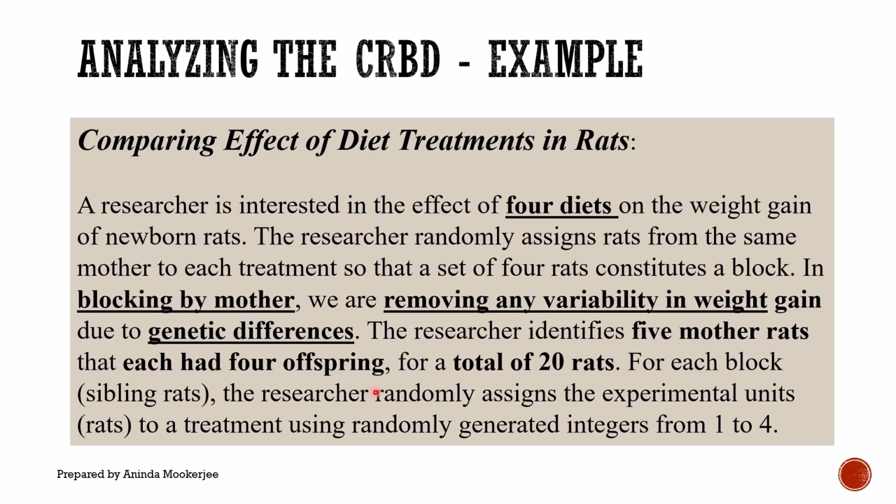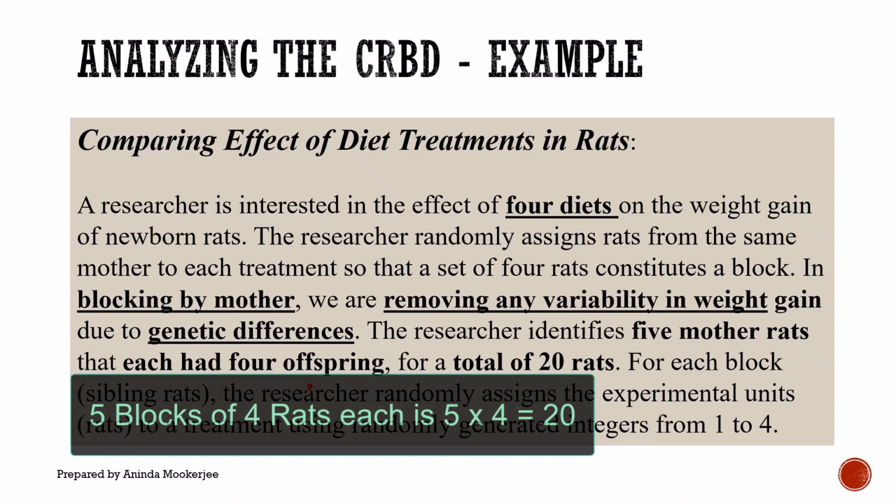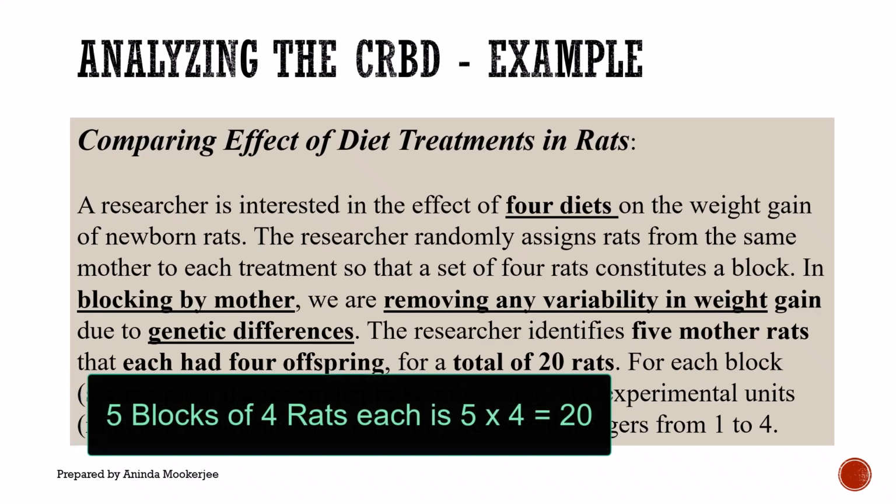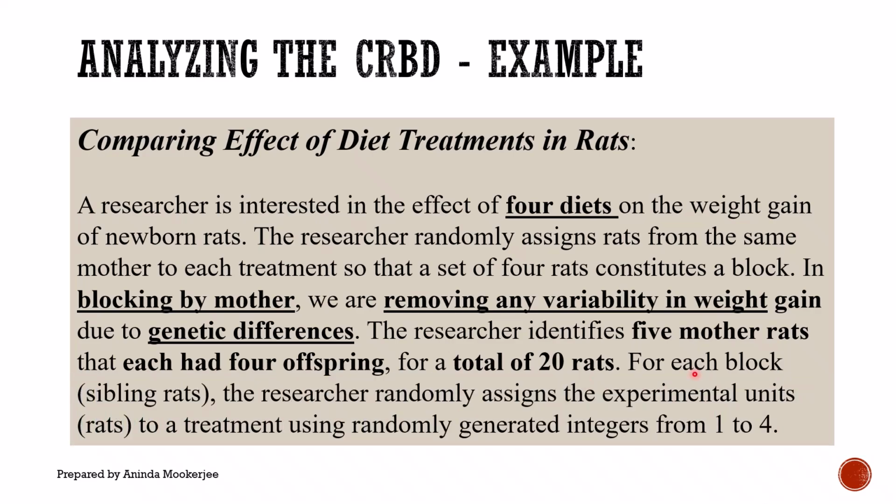So 5 times 4 would give us a total of 20 rats. That would be 20 experimental units, all right? So we are going to look at a picture of the block design, and then look at the results that come out from this study, and then analyze that.